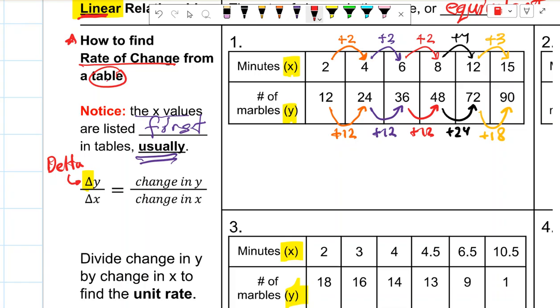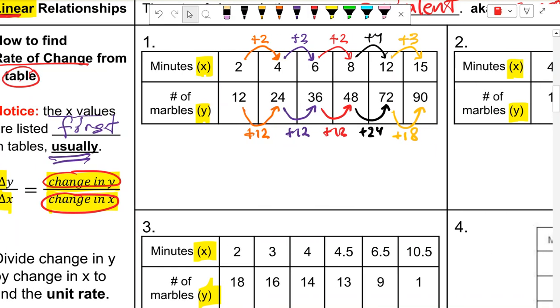So the delta y means the change in y, and the delta x means the change in x. So you can see that we're dividing the change in y divided by the change in x. And that's what we just found in our tables right here.